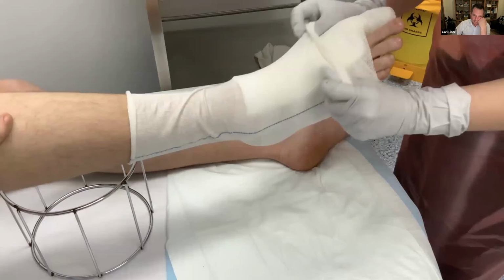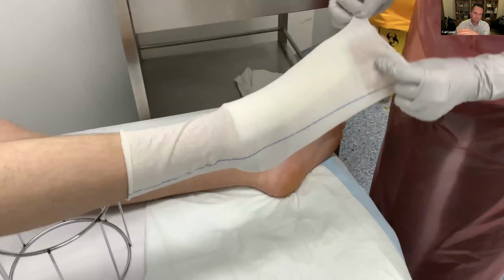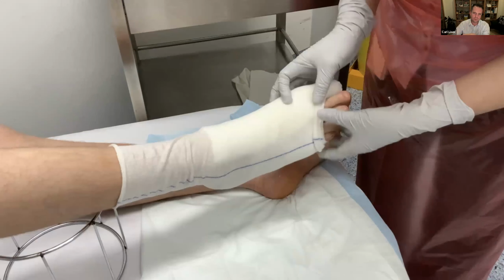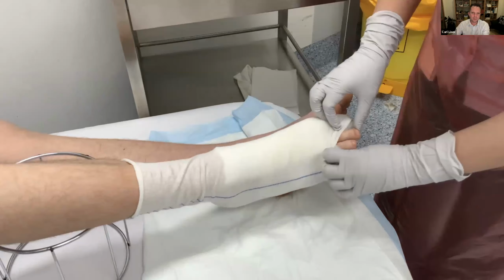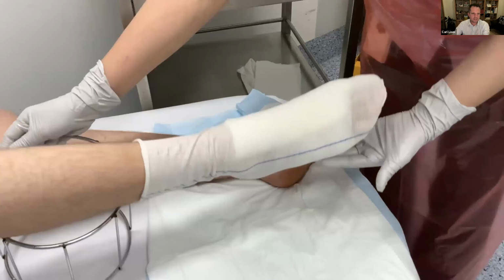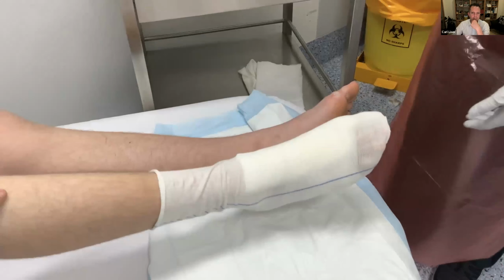Over the top of that, we'll often put tubular bandages such as Tubigrip, which is a little bit firmer compression. We'll instruct this patient to go home, rest, elevate the leg, and we'll monitor them in the clinic every couple of days for signs of infection, for signs of edema and swelling. And you might have seen at the start, that's a pink burn. It's probably superficial partial thickness, so we're expecting that to heal.